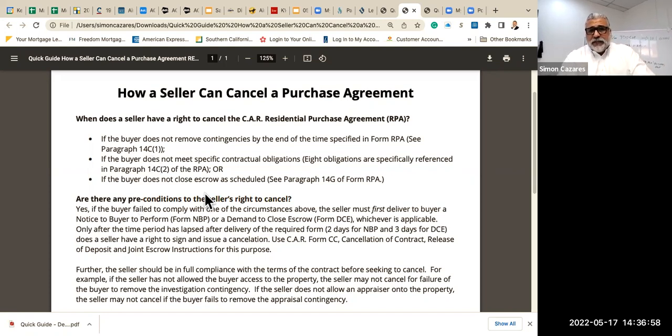If the buyer does not meet the contractual obligations specified in paragraph 14C(2), if the buyer does not close escrow, which we talked about with the DCE and the 17 days of contingencies, remember, it's ping pong, it's tennis, it's soccer, it's basketball, it's football, it's back and forth, back and forth.